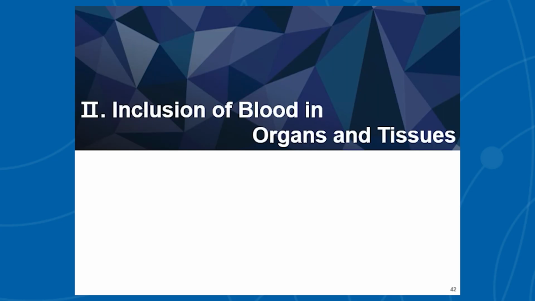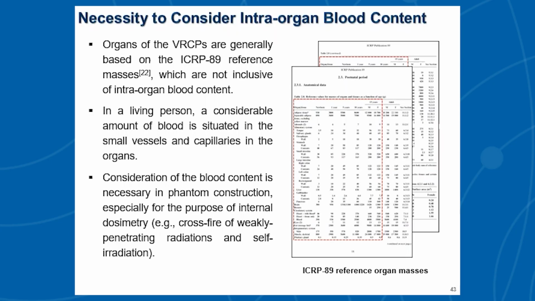In the second step of development, we increased the volume of the developed organs, considering intra-organ blood content. As Professor Yum explained earlier, the voxel phantoms were matched to the ICRP Publication 89 reference organ masses, which represent the organ parenchyma excluding the blood content.